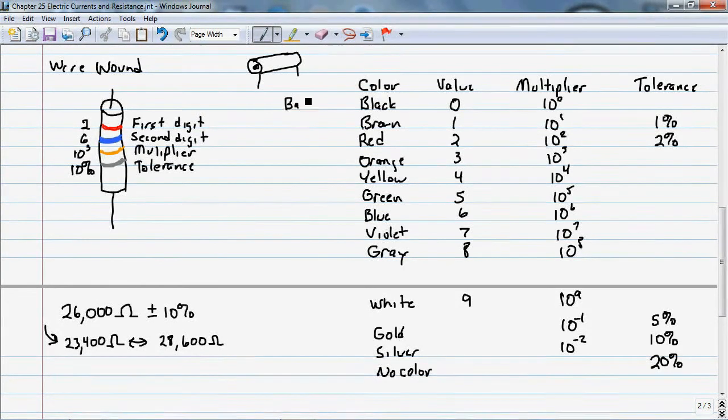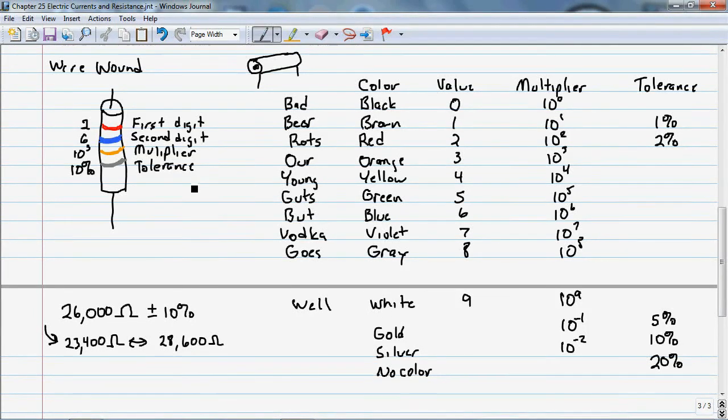We have bad beer rots our young guts, but vodka goes well. Bad beer rots our young guts, but vodka goes well. So some people have a way of remembering that one instead of trying to remember the order of the colors. For gold, silver, and no color, well, you're on your own for that.